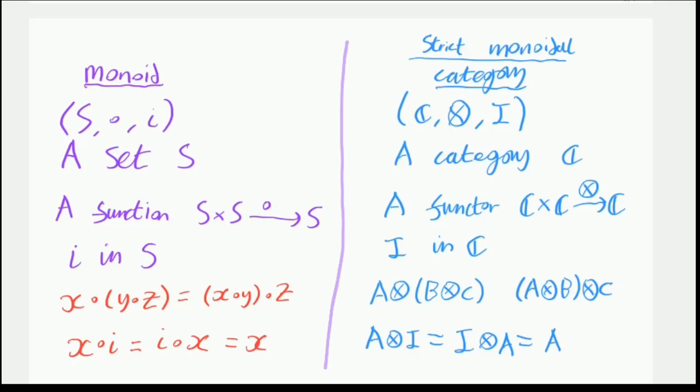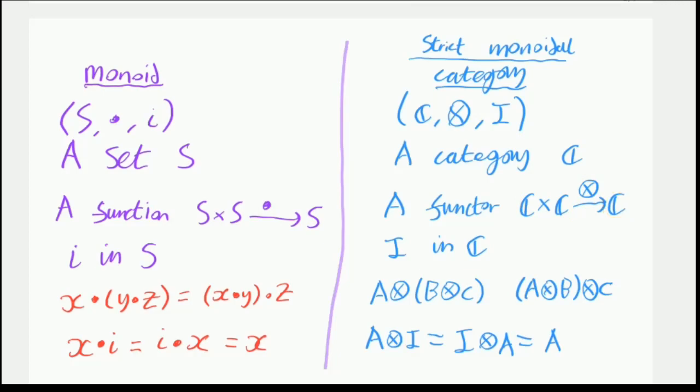So we want to think about some kind of a category, which in some sense is kind of like a monoid. What do I mean? Well, the definition is over here on the right. Instead of having a set with a binary operation, let's have a category C with a functor which goes from the product of that category with itself to that category.